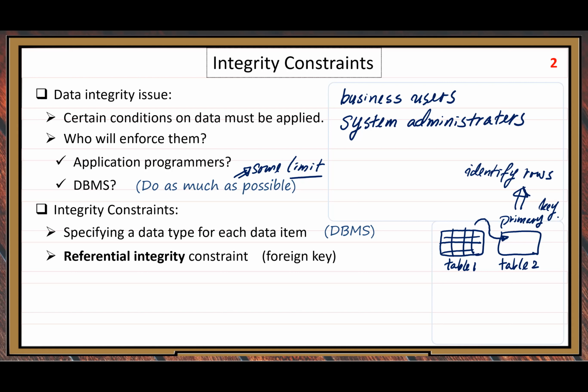But in our table 1, we need to refer to some primary key in another table. This kind of reference is a relationship. So in table 1, we call it a foreign key.